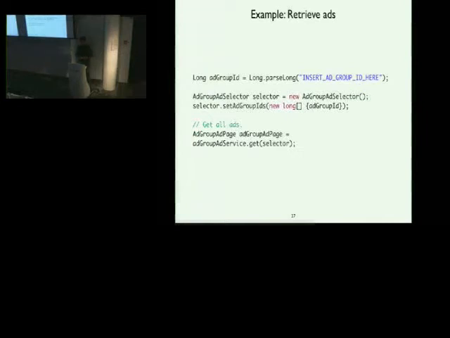Then I'm setting ad group IDs. In the last line of code, I'm fetching the ads associated with the ad group IDs. So I created a selector object, and then I'm using the get call, passing to it the selector object in order to retrieve the associated ads.